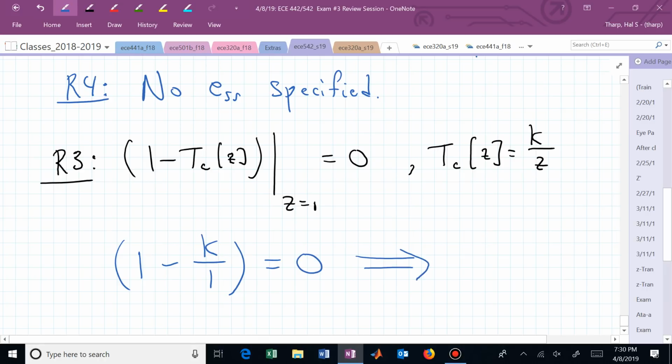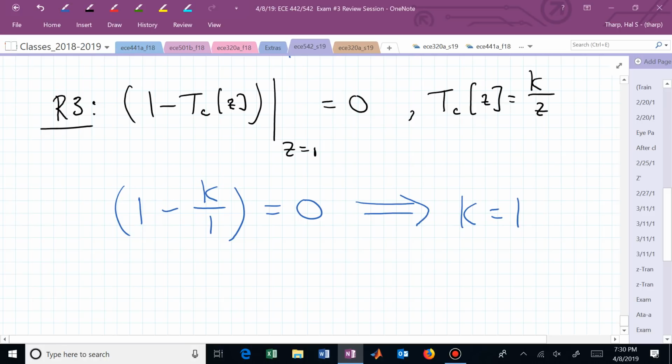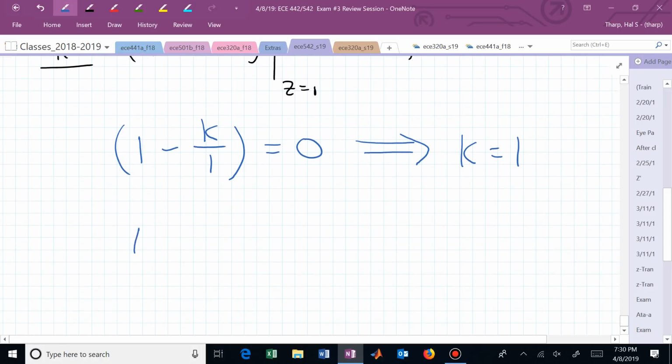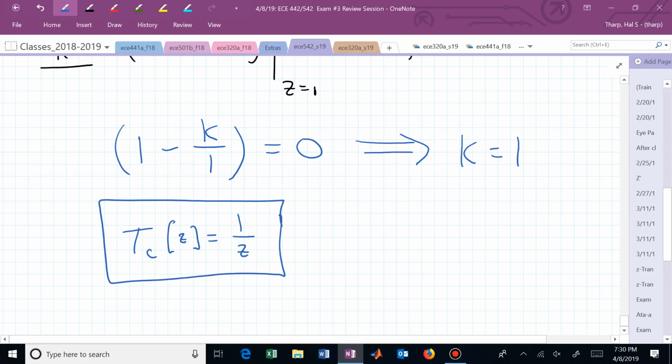That now forces a value on this yet to be determined parameter k. If we want 1 minus k to equal 0, k needs to be 1. In order to satisfy restriction 3, we've figured out that t sub c of z equaling k over z with k equal to 1 is now our desired closed loop transfer function.